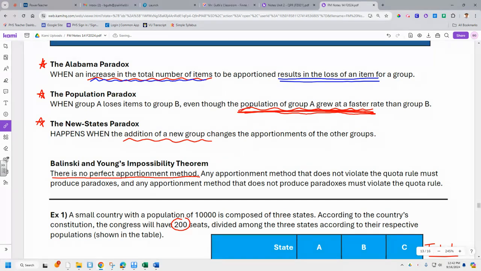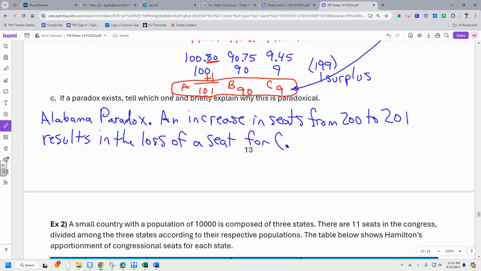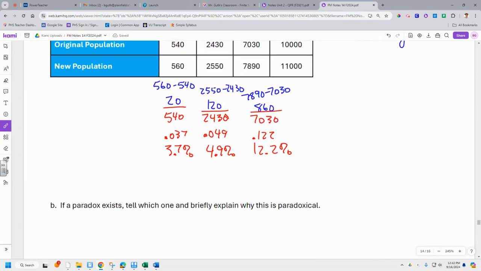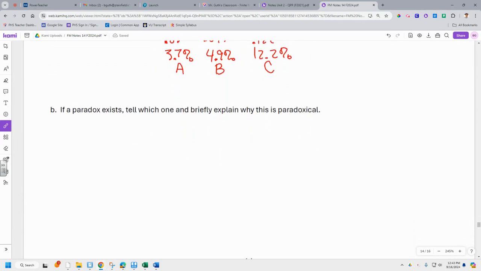Okay, so you got to think about the percent increase when you're talking about growing at a faster rate. So we can see that group C grows the fastest. It's growing at the fastest rate, followed by group B, and then group A is the slowest, I guess. They're all growing, they're all increasing, but you can tell that C is fastest, next is B, and then A.